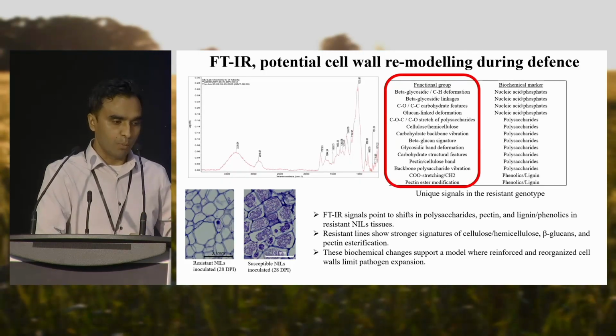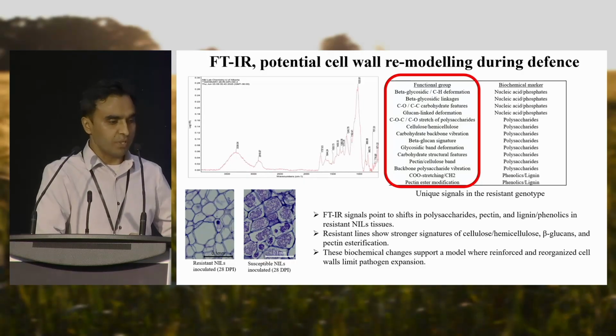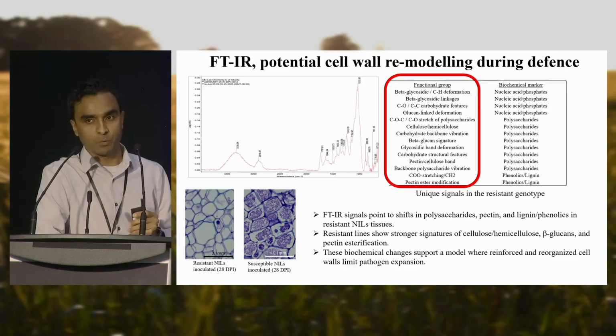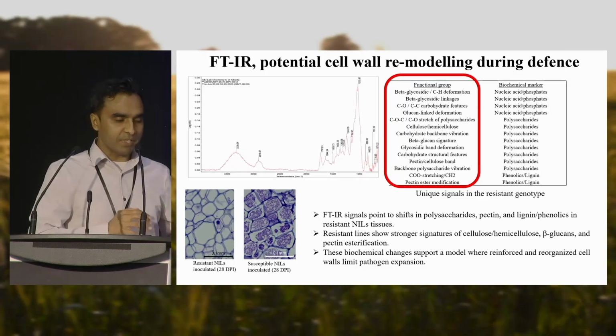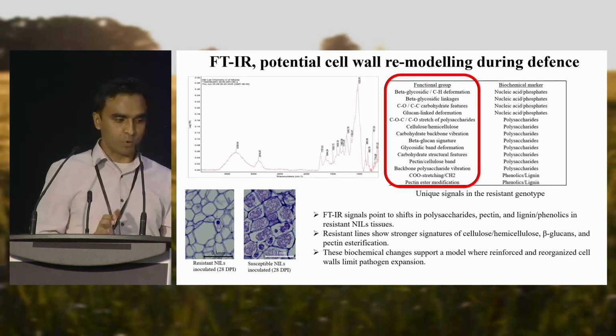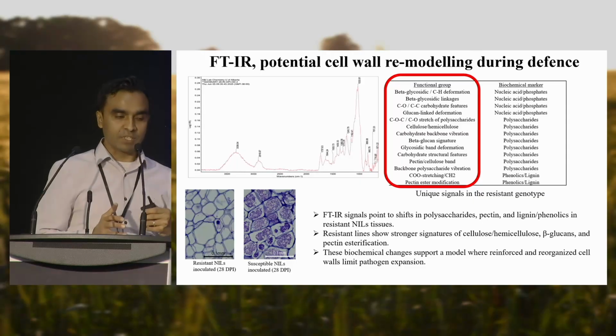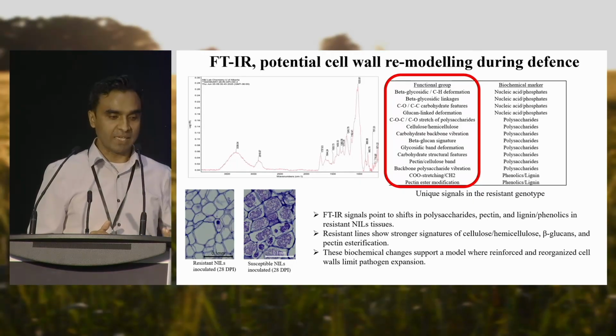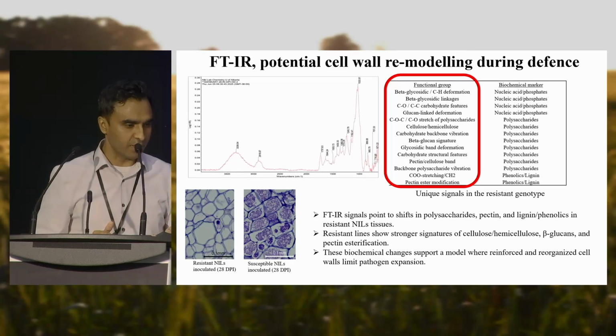For example, we saw polysaccharide-related functional groups and lignin-related functional groups, and as you know, lignin is a phenolic polymer, which is a physical barrier. Having seen those functional groups linked with lignin and other components gave a clear idea that there's a highly likely chance that the cell wall is reinforced in this particular line in response to that disease.